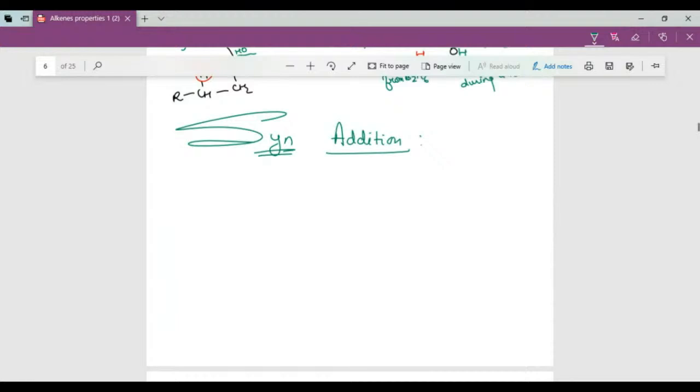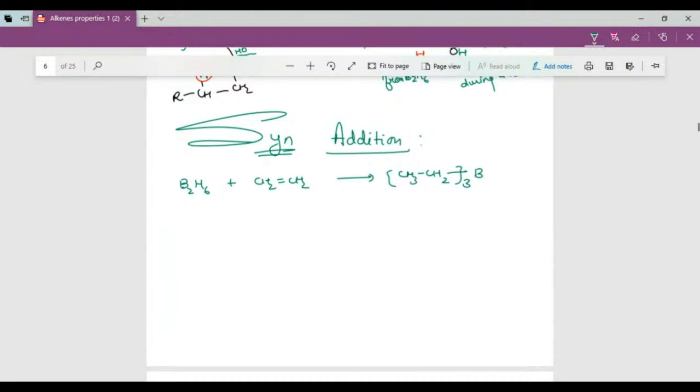Now, what is that favor? Let me tell you that given a choice, if B2H6 is made to react with unsubstituted ethene, it will certainly form CH3CH2 whole 3 boron. It will form trialkyl borane, no issues.